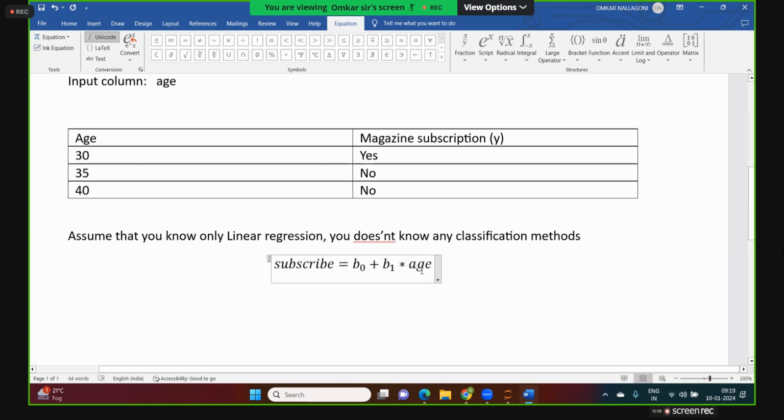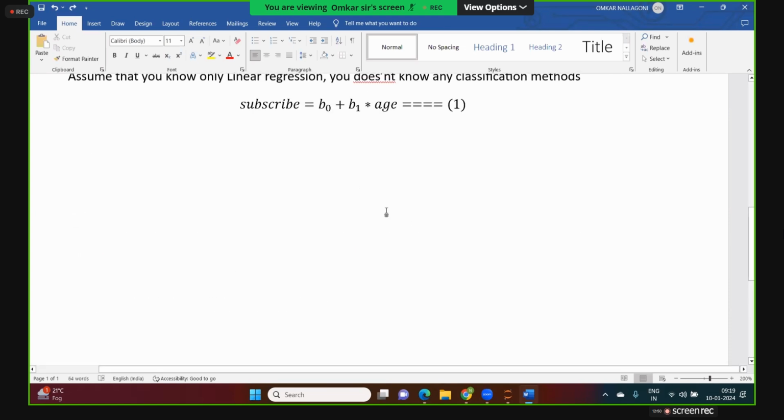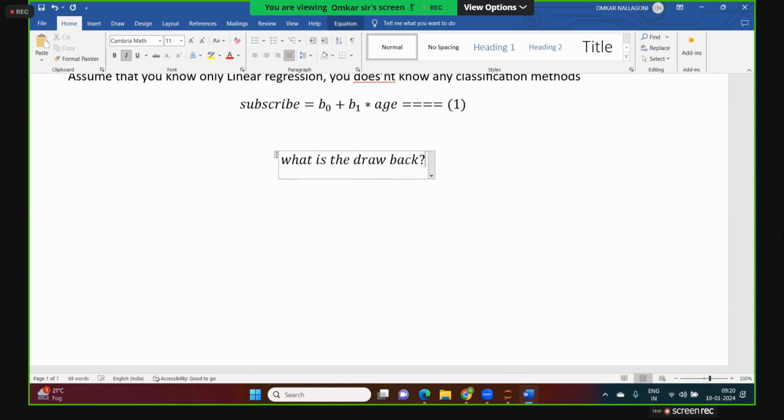Why is it a wrong equation? Tell me. What is the problem in this equation number 1? What is the drawback in equation number 1?